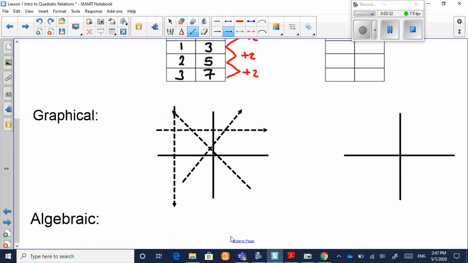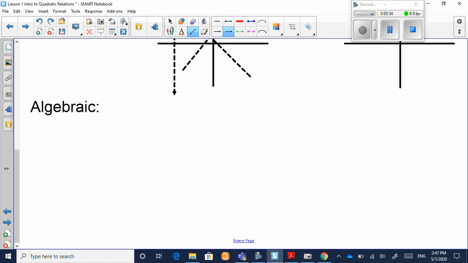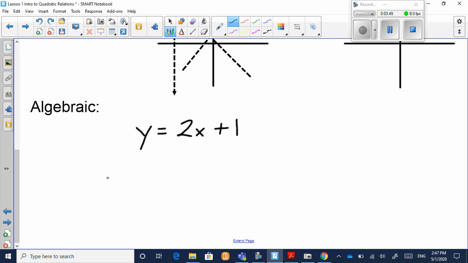Then finally, I taught you last year that algebraically, you would look for something like this: y is equal to 2x plus 1. What you'd look for is no exponents on the x or the y.